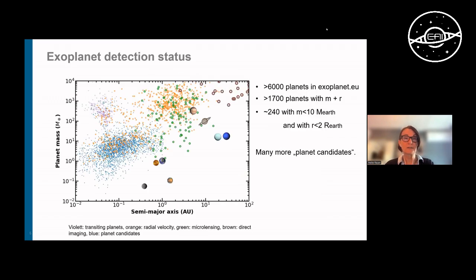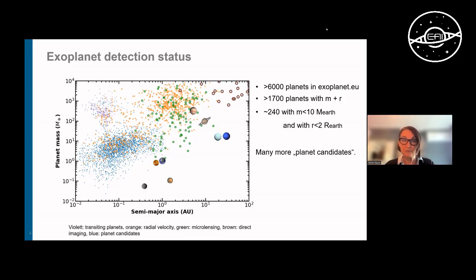When we look at the exoplanet detection status, then in one way or another, we always see this plot, which plots the mass of planets over the semi-major axis. I've put in this plot the pictures of our solar system to give you an orientation, and the colors indicate the various detection methods.